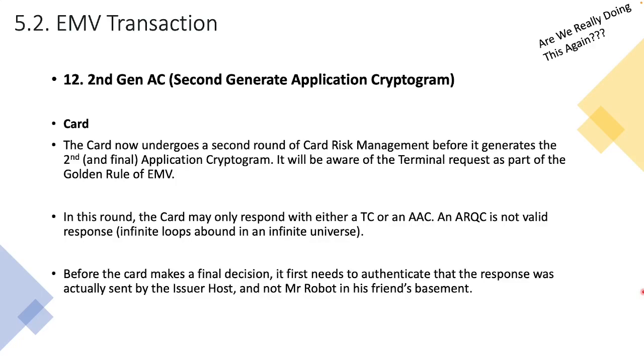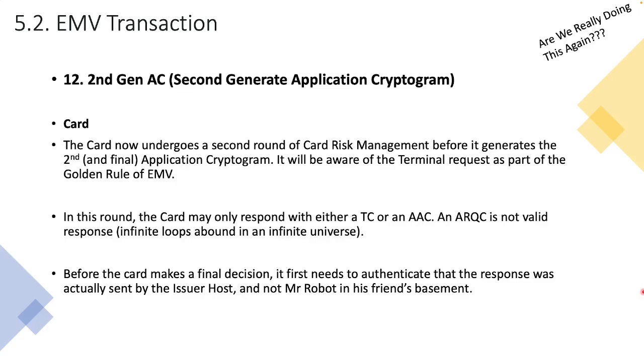However, before the card makes a final decision, it first needs to authenticate that the response it received was actually sent by the issuer host, right? And it wasn't intercepted by some hacker sitting in his basement, right? And so what we're saying in our example is the card says, okay, the terminal has received an approval from ostensibly an issuer host, and it's asked me to do an approval.